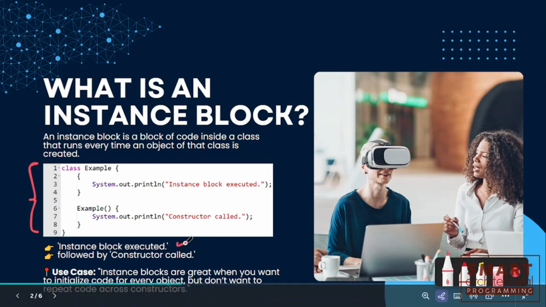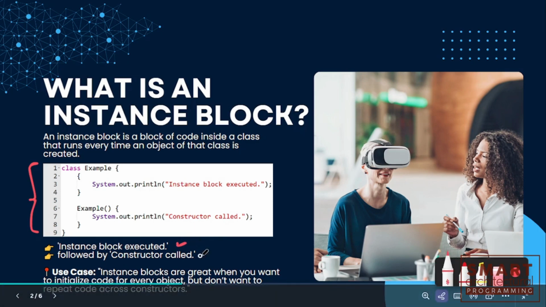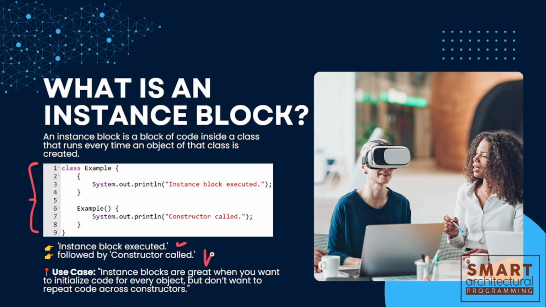An instance block is instantly executed when you create a new object of the example you see above, and then it's followed by the constructor being called. So the instance block comes first and then the constructor. The use case is very simple here. Instance blocks are great when you want to initialize code for every object but don't want to repeat code across constructors. That's the important thing here.